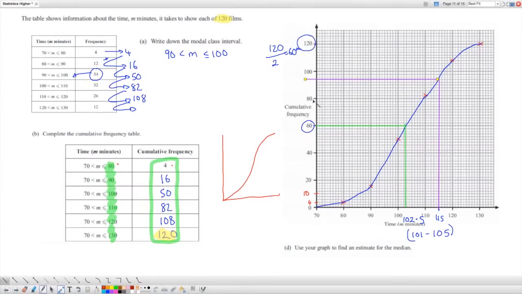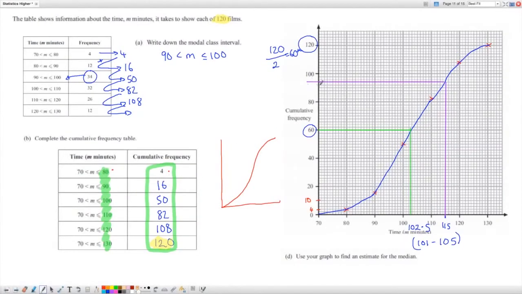So here we have 80 going up here, going up, we're going to go to 90, which is here. 2 more up, each one box is worth 2, so here we have 94. But we're interested in the films that lasted more than, so we're interested in this part here.